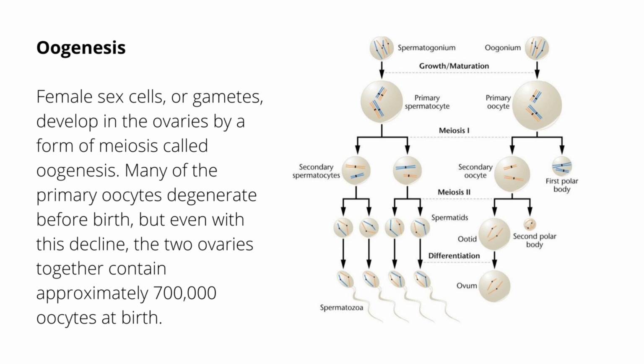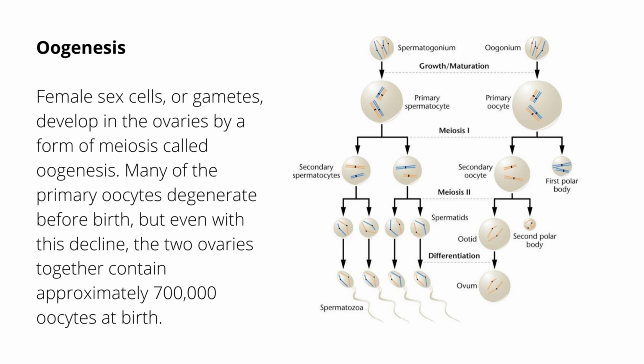And after that, the oogonia go through a growth phase. They enlarge and they become primary oocytes. The primary oocytes are, again, diploid, having 46 chromosomes, and they begin the first meiotic division.